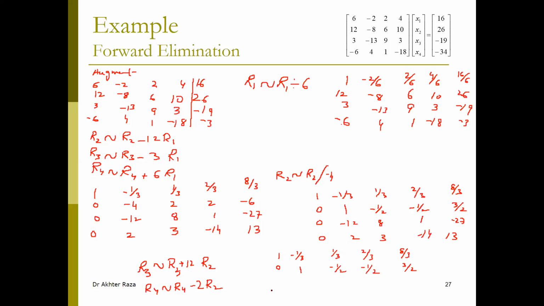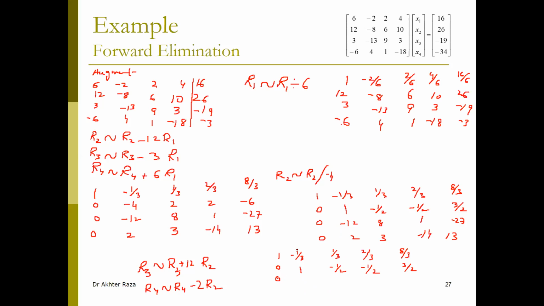And row 3 and row 4 will be changed. What change will be there? This will be the 0 and I think I made some error. No error there. Now you have to calculate these elements.